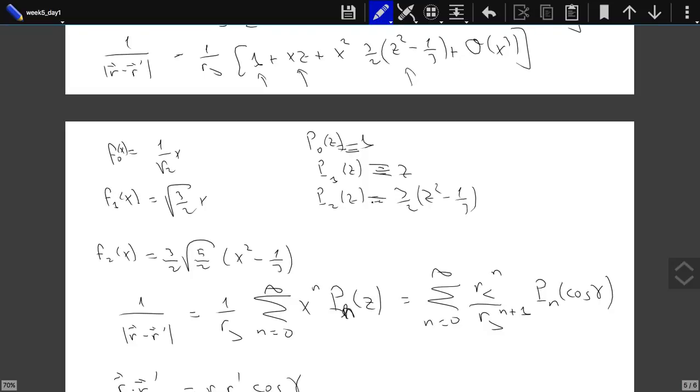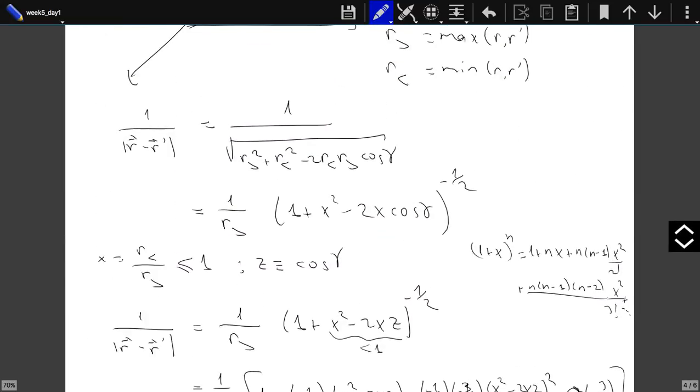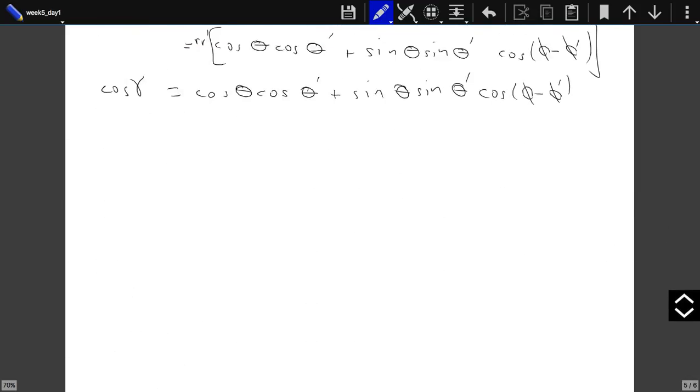You can think of them as the generalization of sines and cosines. In 2 dimensions, the angle is defined and you can talk about the sine and cosine of an angle. In 3 dimensions, we have 2 angles, theta and phi, or solid angle. Spherical harmonics is the generalization of the sine and cosine function to 3 dimensions.